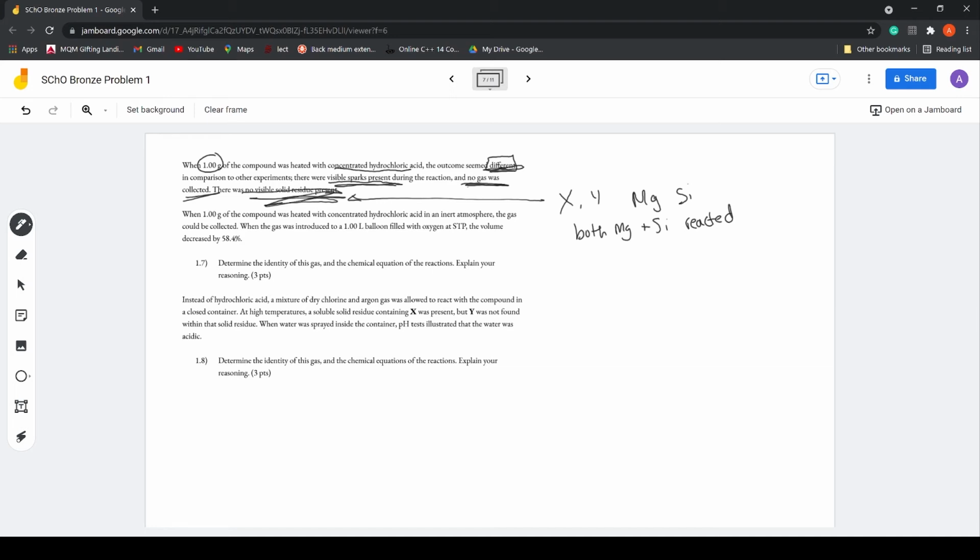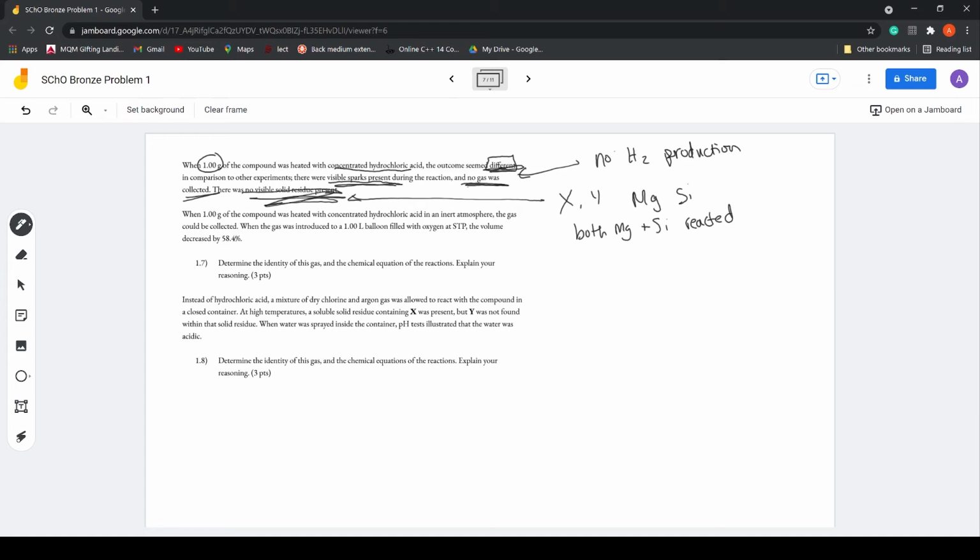What is the next thing? There were visible sparks present, no gas was collected. Okay, no gas collected. What does that mean? First of all, there can't be any H2 production, no hydrogen gas production. Because if there was hydrogen gas, then there would be gas that was collected, right? There are visible sparks.